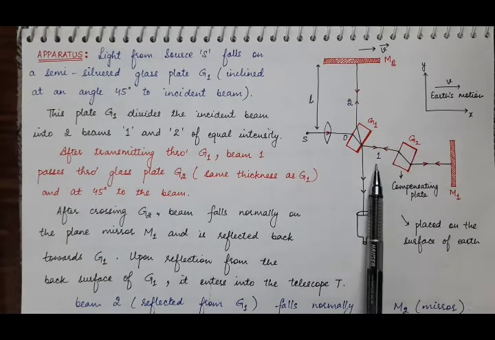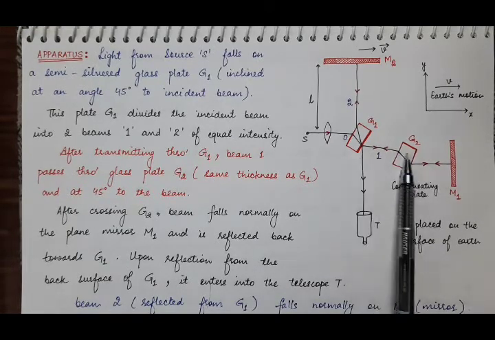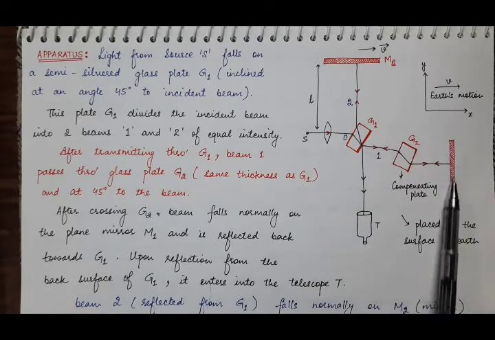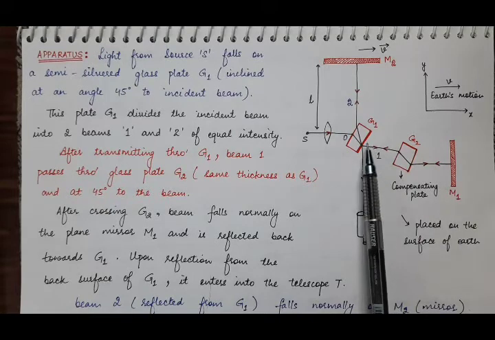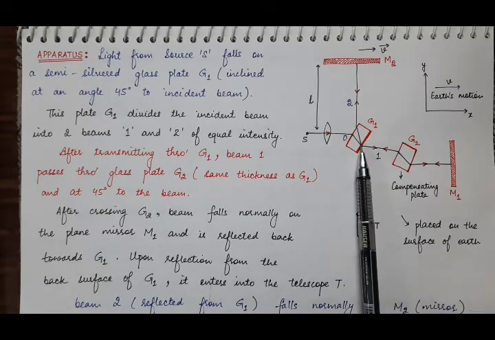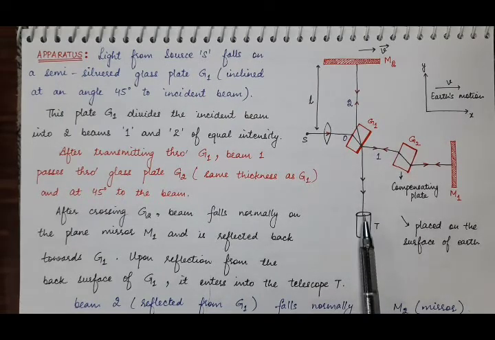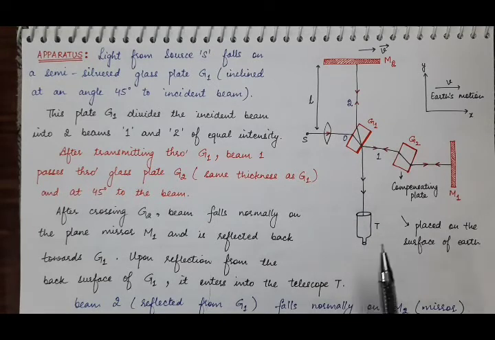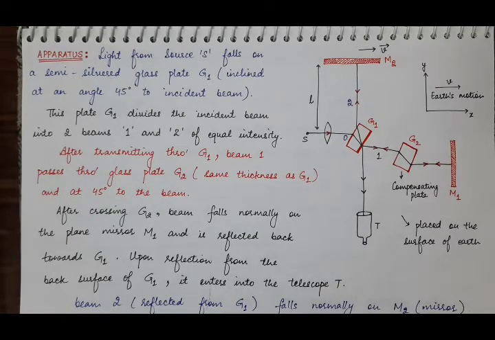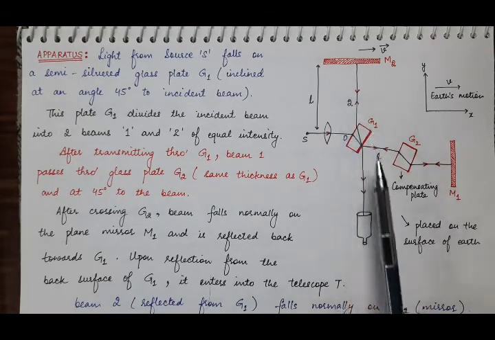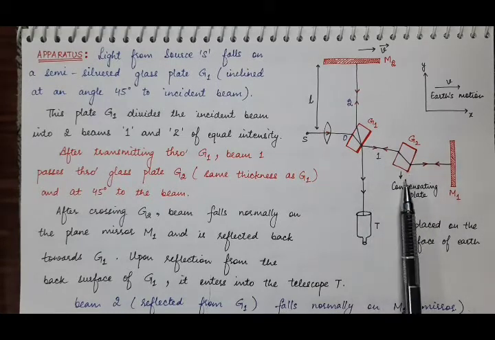It will normally fall on this plane mirror M1, and then it will be reflected from this, and then it will fall on the back surface of this glass plate G1, then it will again be reflected from this and then fall into the telescope. So just to make the optical path lengths of these two beams equal, this compensating plate is introduced.